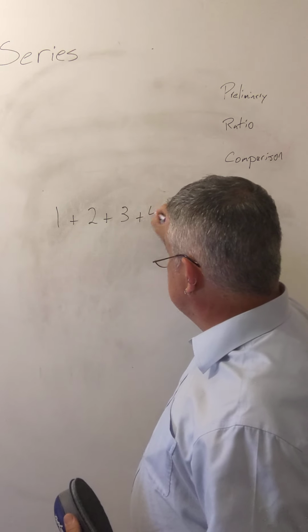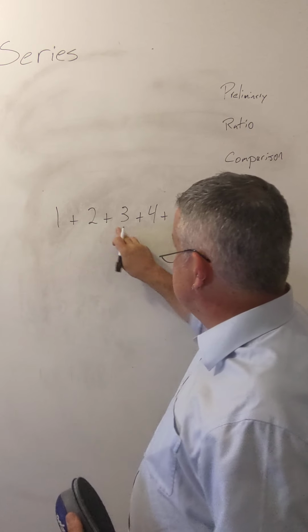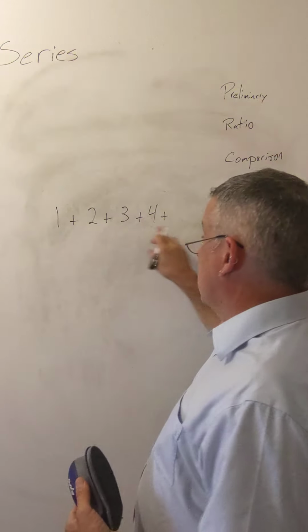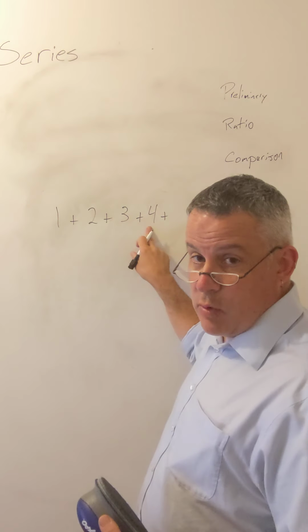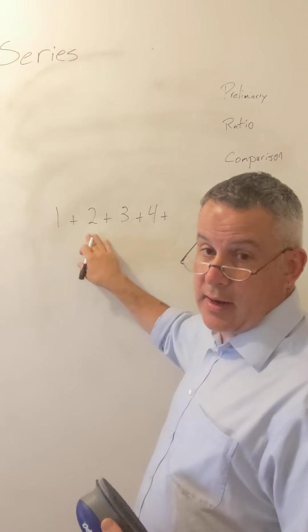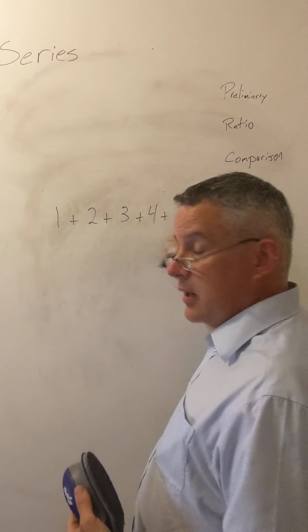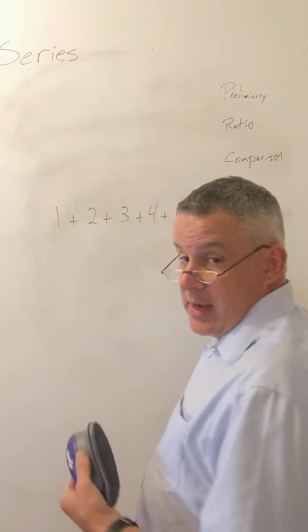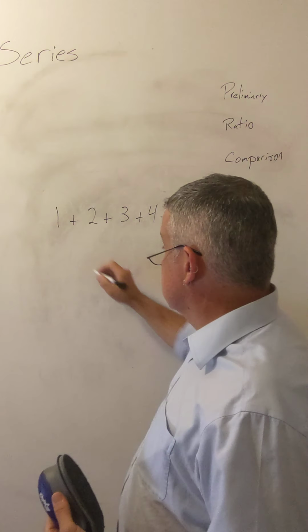It's like the arithmetic sequence that we talked about, and the difference between the numbers is the same. And it could be a big difference, like these have ones, or it could have twos, or it could have point ones, but each interval that you're adding is the same. That is going to be a divergent series.